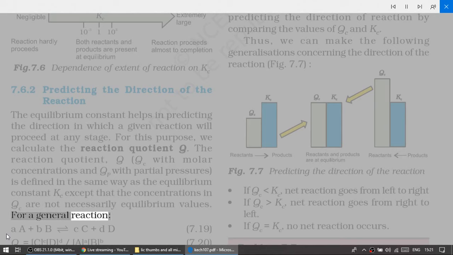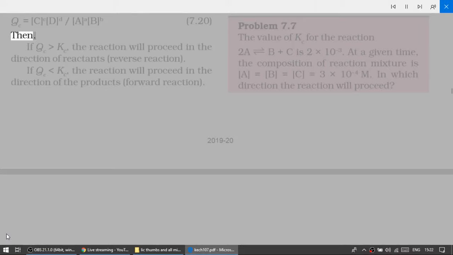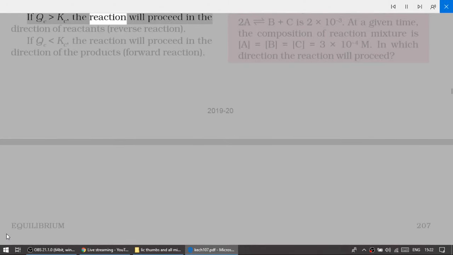For a general reaction aA + bB ⇌ cC + dD (7.19), Qc = [C]^c[D]^d/[A]^a[B]^b (7.20). Then, if Qc < Kc, the reaction will proceed in the direction of the products, forward reaction. If Qc > Kc, the reaction will proceed in the direction of the reactants, reverse reaction.